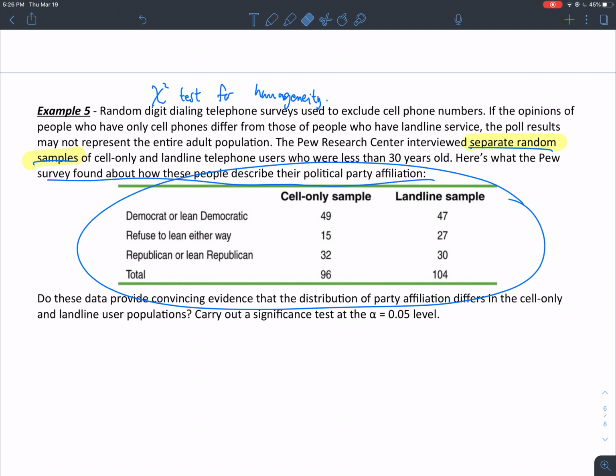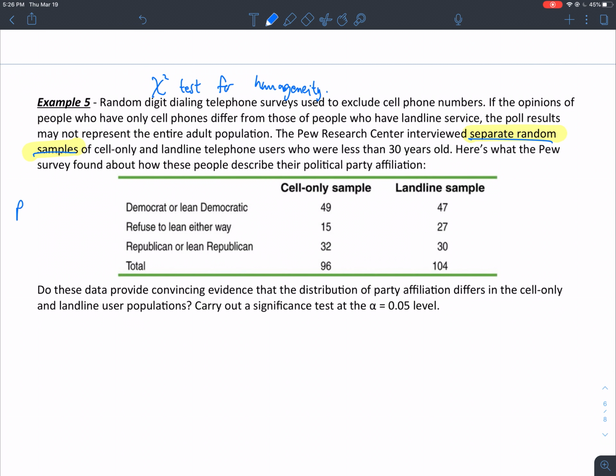So what we have here is the categorical variable is political party affiliation. That's my categorical variable, and it has these 3 categories, okay? And here are my 2 samples, sample 1, sample 2, all right?